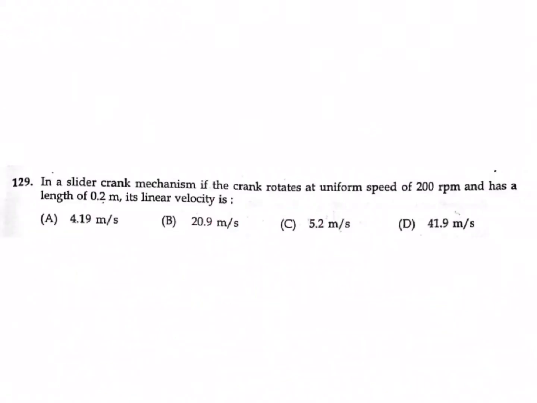Question is, in a slider crank mechanism, if the crank rotates at a uniform speed of 200 rpm and has a length of 0.2 meter, its linear velocity is how much? So N value given, 200 rpm, L given 0.2 meter, V equal to r omega, or r is length, omega is 2 pi N by 60.